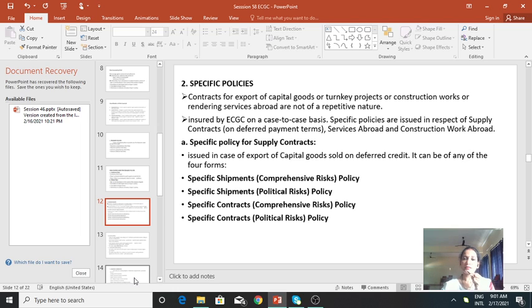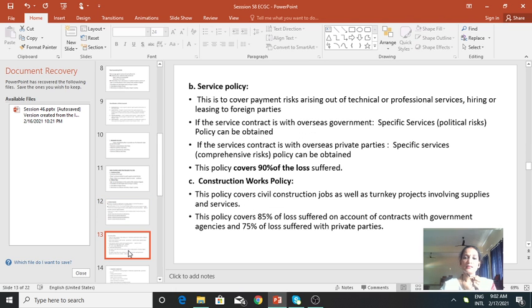It is issued in the case of export of capital goods sold on deferred credit. It can be of 4 forms, that is specific shipment policy comprehensive risk, specific shipment policy political risk, specific contracts comprehensive risk policy, specific contract political risk policy.